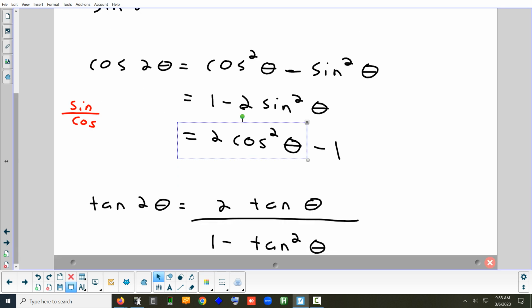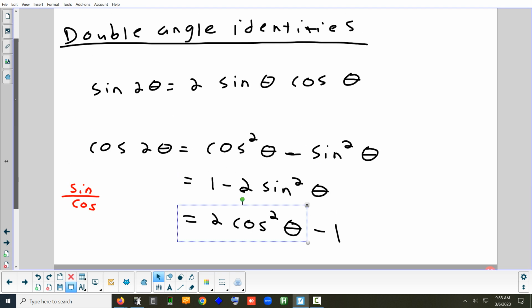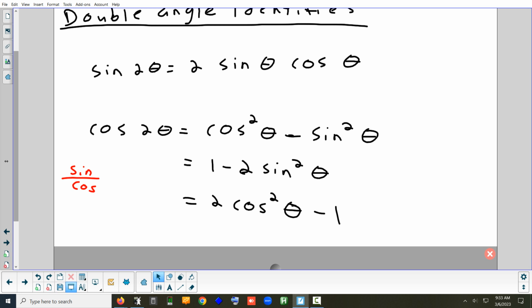That's what the tangent one looks like. But we're not going to do it. Any questions on that? Are tangents going to be on tests or not? No. Sines and cosines, yes.